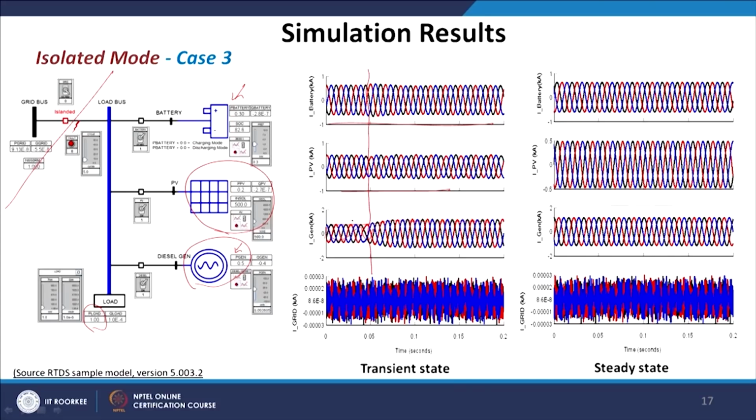You can see the generation current actually increased, there is a dip in my PV, and the battery is responding nicely, and the grid is at 0 ampere because it is completely isolated. So, this is the transient state when the load increased from 0.1 to 0.5 to 1, but when we move to steady state I think the system is absolutely stable. So, this shows that even with a sudden load variation my AC microgrid is capable of handling those sudden changes in load.